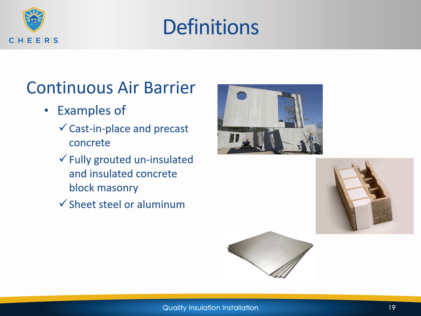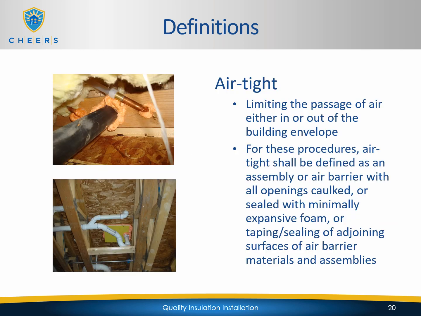They can also use cast in place and precast concrete, fully grouted, uninsulated, insulated concrete block masonry, or sheet steel or aluminum. So all the products that we just described can be used as a continuous air barrier if installed properly.